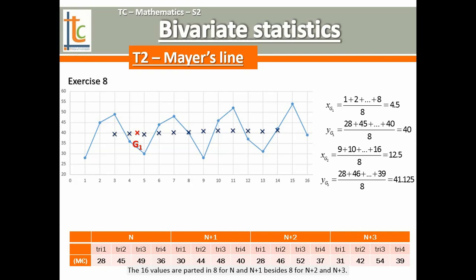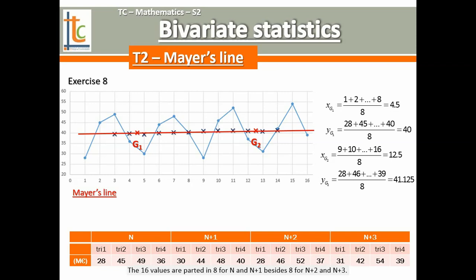So you can see that I just added the 8 turnovers on the right part of the table and divided by 10. No, by 8, sorry. Well, the second mean point locates here. Now we can draw the Myers line, and then we can try to find the expression of this line because it will be useful for prediction.